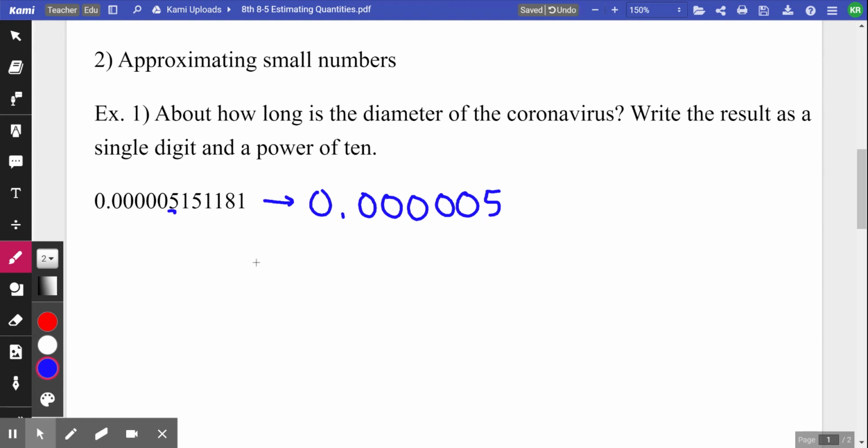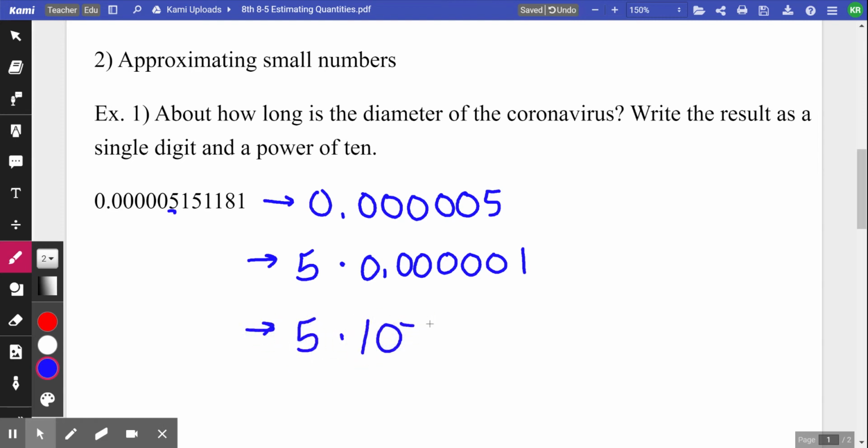And then we're going to rewrite this in expanded form, the place value of it, so 5 times 0.0000001. All right, and then we're going to write that as a power of 10. So 5 times 10 to the negative 6th power.